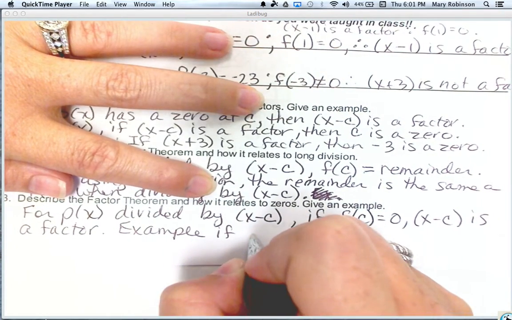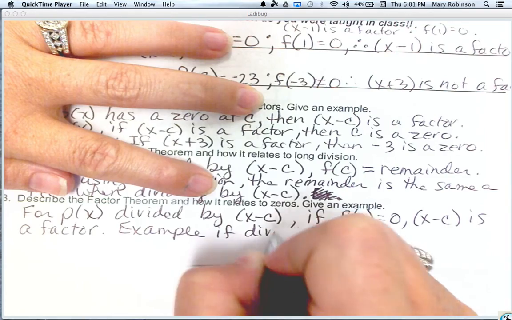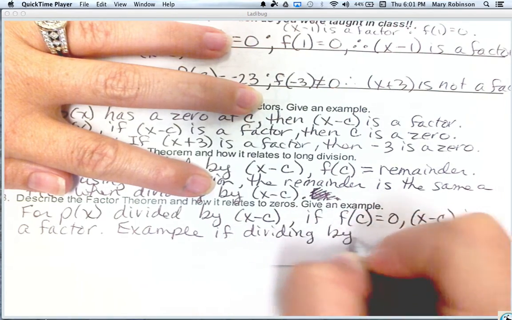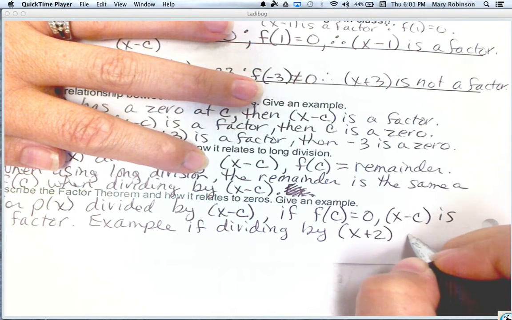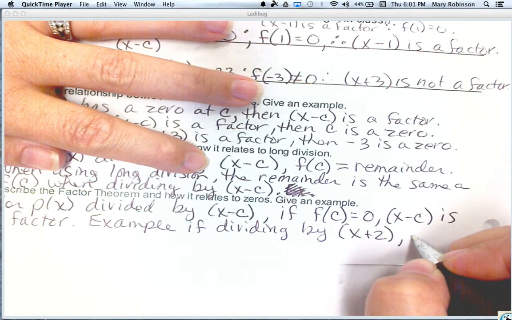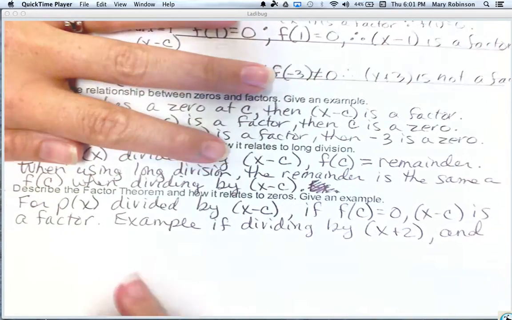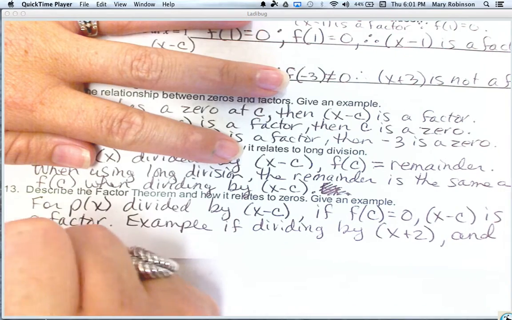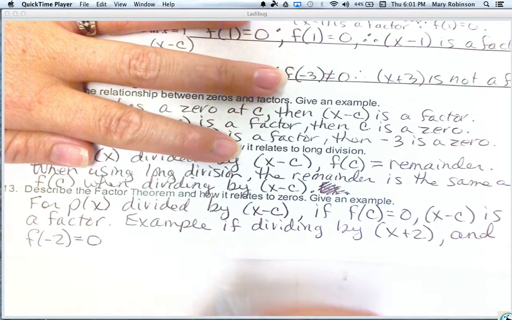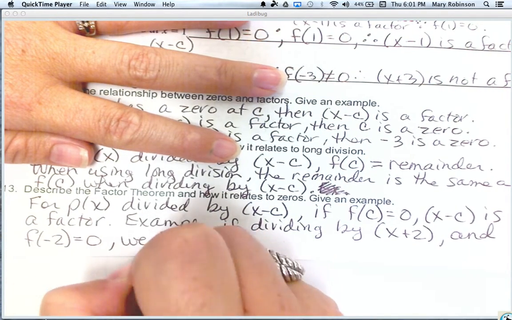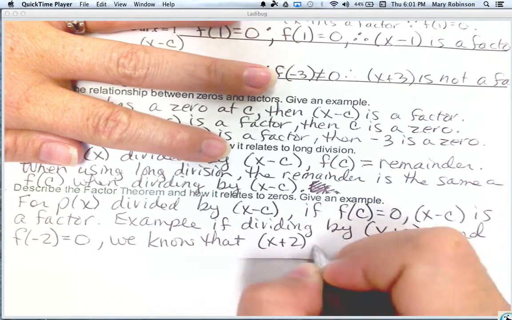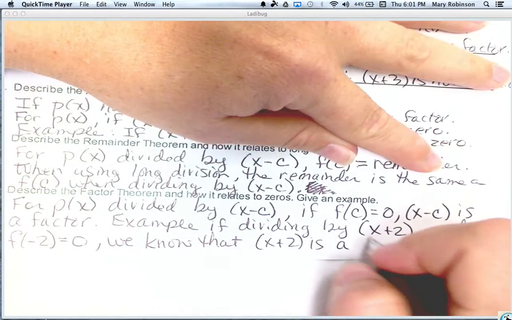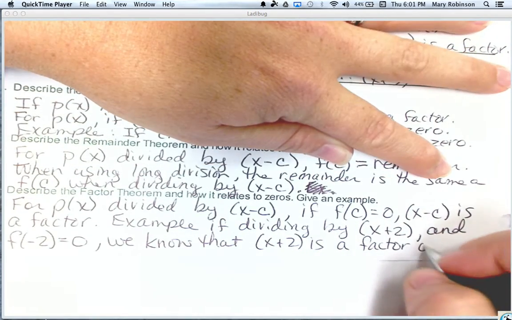if dividing by x plus 2 and f of negative 2 equals 0, we know that x plus 2 is a factor of your polynomial p of x.